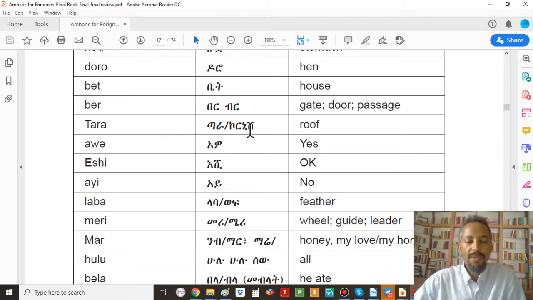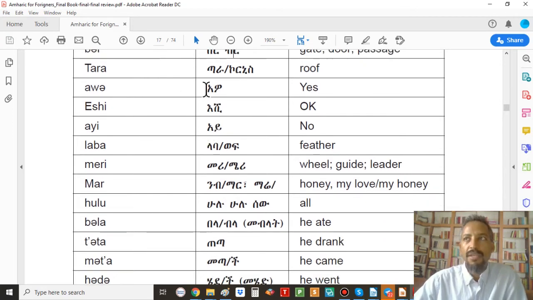We will leave this one for now because it's long to pronounce and learn. It means the ceiling, or the inside part of a roof, is called cornice.